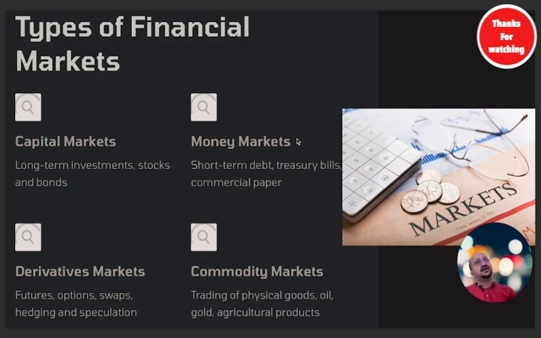Now, guys, the further classification of markets: what types of financial markets are there? See, there are markets for goods, and there are markets for finance itself. Now, if I say, what is a financial market? How does it work, guys? In the previous markets, we were giving services or goods.